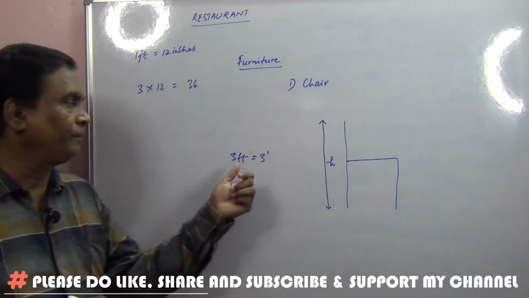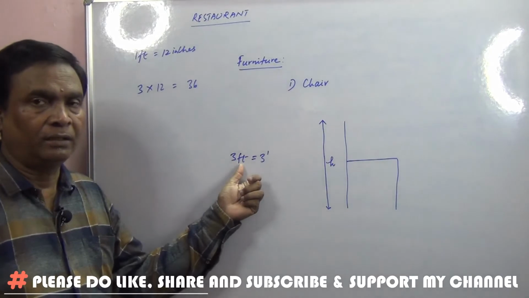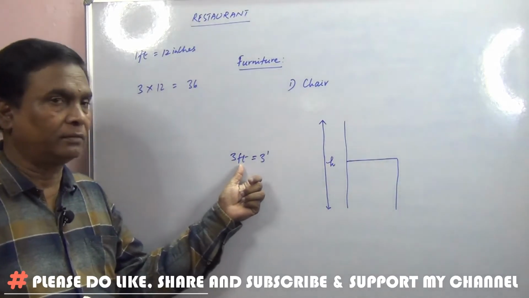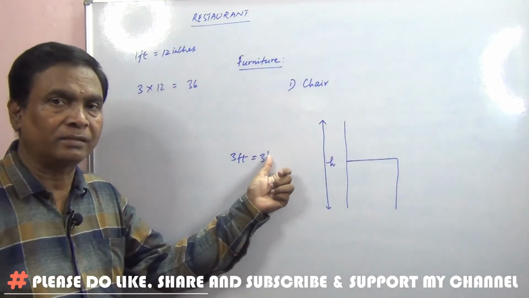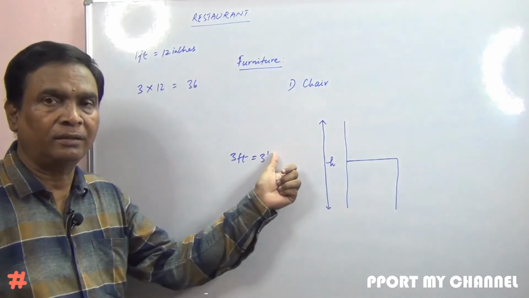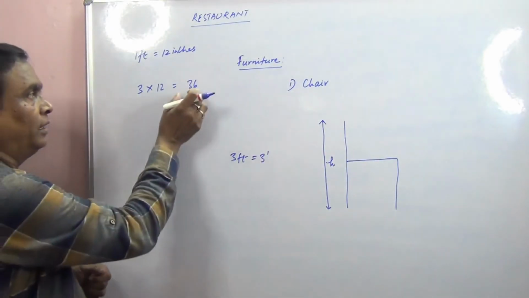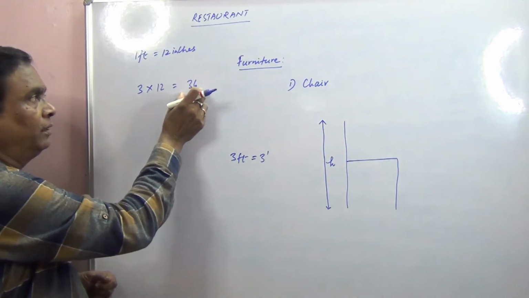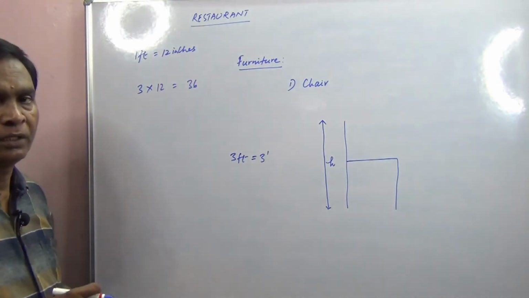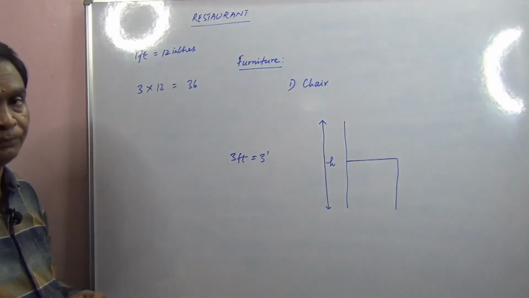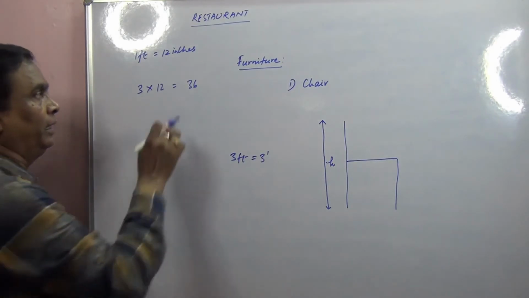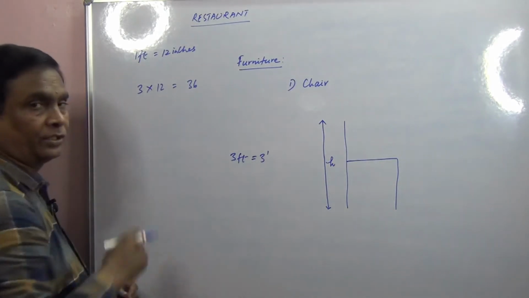Then how do you write 36 inches? You have written FT, which indicates feet, or you can also write it like this, which also indicates feet. But now after conversion into inches, the 36 should be written in inches.